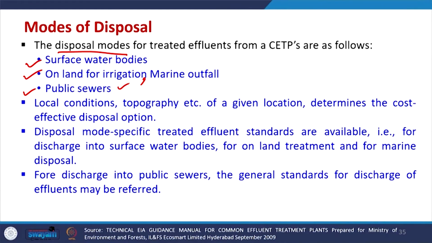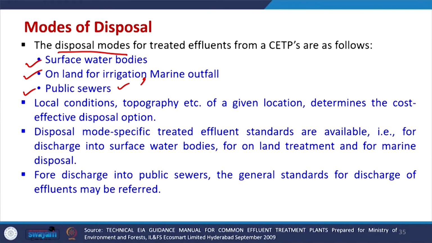Only a few industries are allowed surface water body discharge, otherwise they have to treat the water fully. Some of the industries are allowed to discharge water if they are only generating sewage-like effluent, so they can discharge to the public sewers. Local conditions, topography, etc. of the location of that industry determine the cost effectiveness of the disposal option.